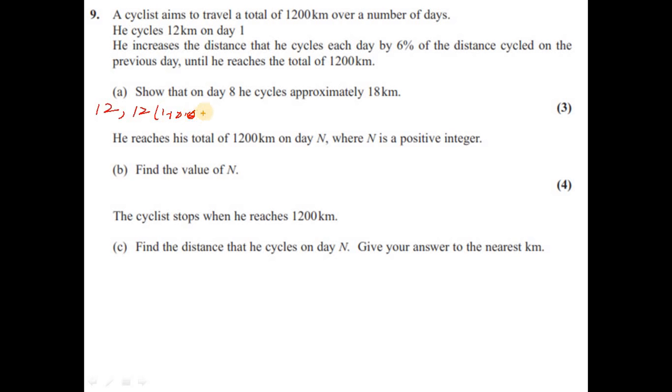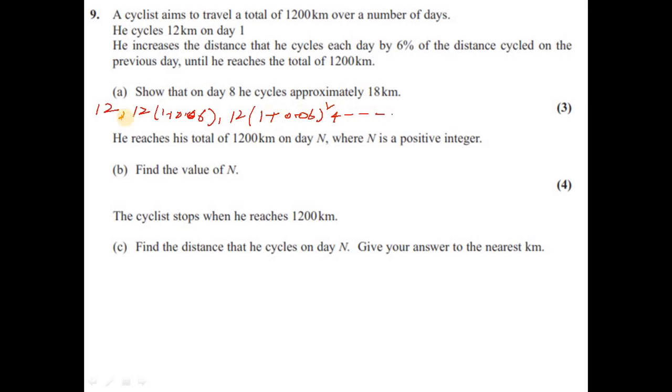Okay, and the third day he traveled 12 times 1 plus 0.06 squared, and so on. So that's what happened.